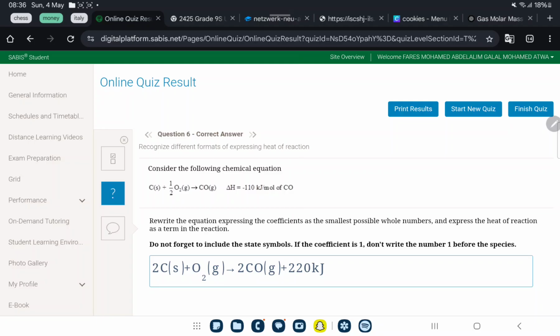Here they're talking about delta H. They want us to write the equation including H in whole numbers. Since delta H is negative, it's exothermic, so the energy is going to be on the product side.